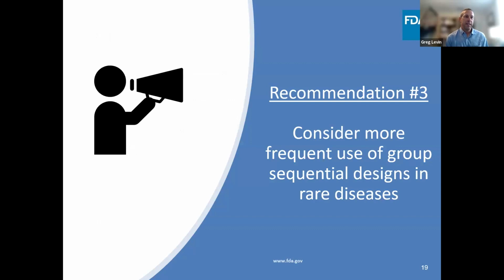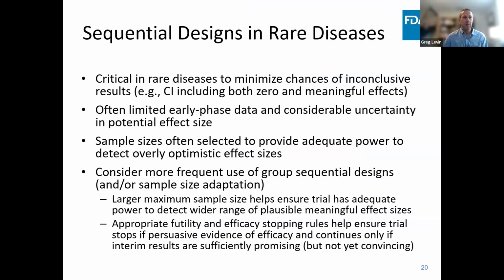The third recommendation is to consider more frequent use of group sequential designs in rare diseases. I think this is pretty important. It's really critical in rare diseases to minimize the chance of the trial producing inconclusive results. When I'm thinking about inconclusive results, I'm thinking about a trial that, when you complete it, for example, has a confidence interval that includes both 0 and very meaningful effects.